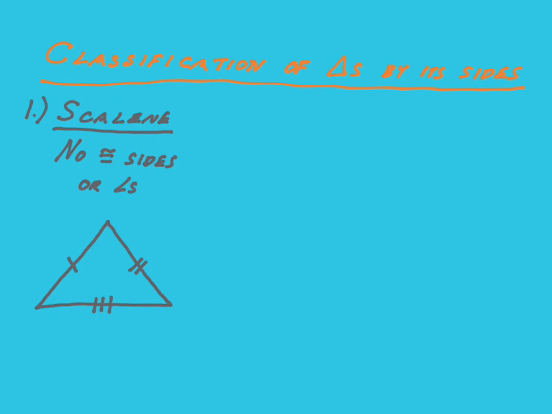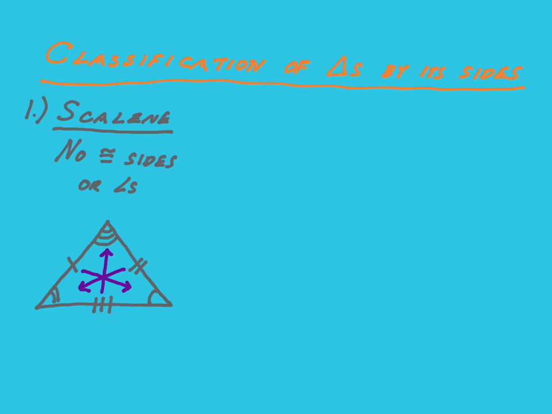So since we have one mark, the opposite angle we can say has one arc. Opposite the two marks on the right side, we can put two arcs. And then opposite the bottom, we can put three arcs.